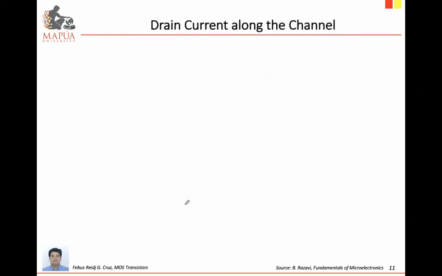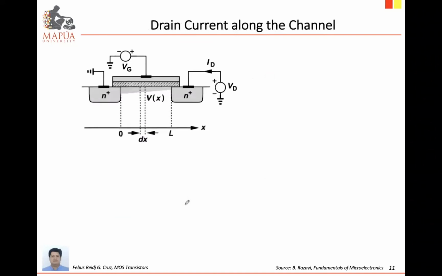So with that, let us have here the drain current along the channel. If we want to determine how much is the resulting current flowing through the channel, for a given area, we have the voltage along the channel with a dimension of x.